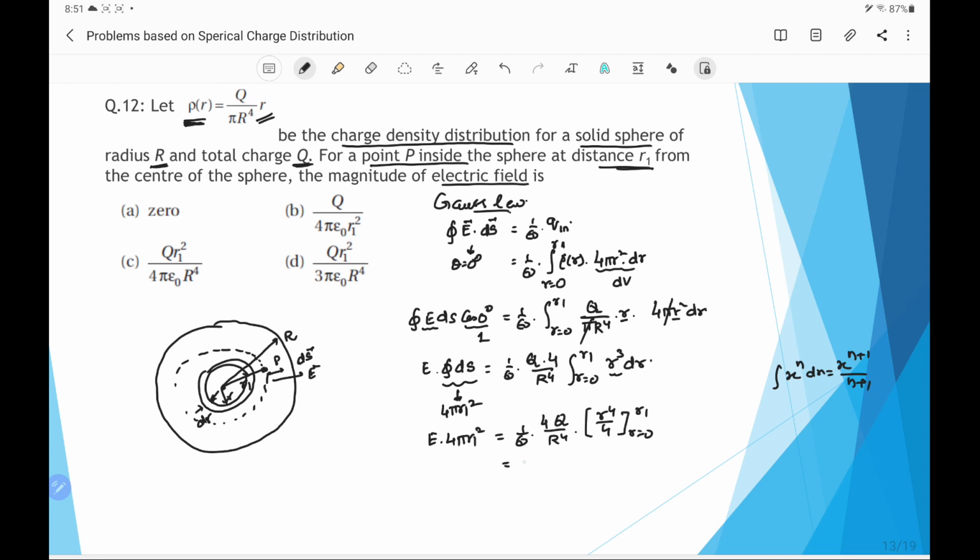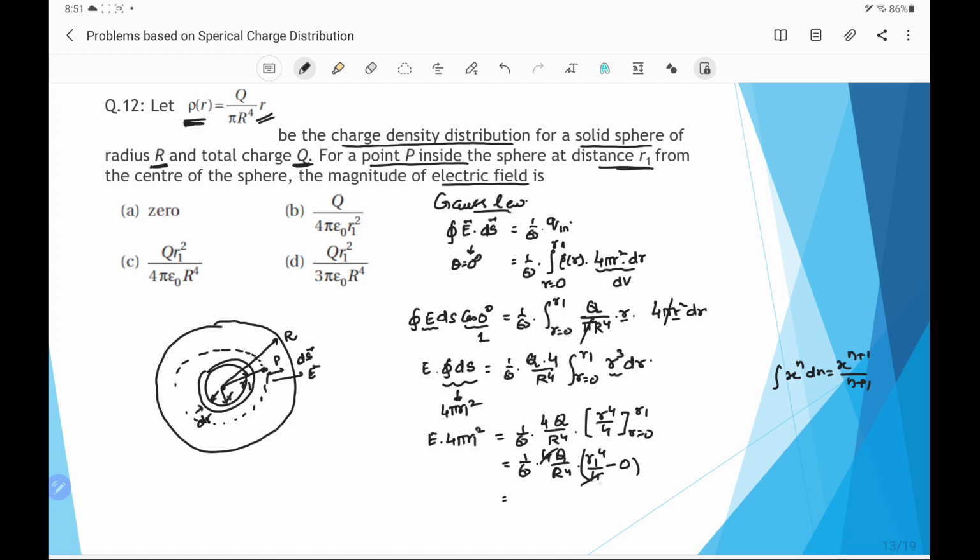And substituting the limit, we will get r1⁴ by 4 minus 0. First upper limit and then lower limit. And this 4 will be cancelled by this 4, because r1⁴ by 4 minus 0 is simply r1⁴ by 4.